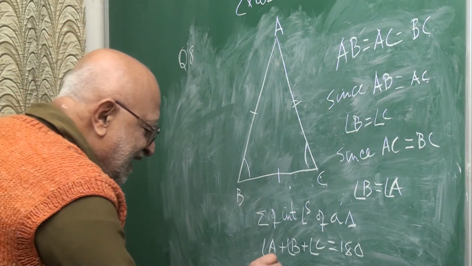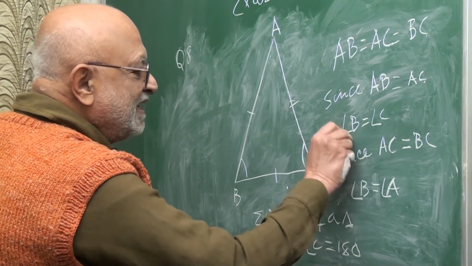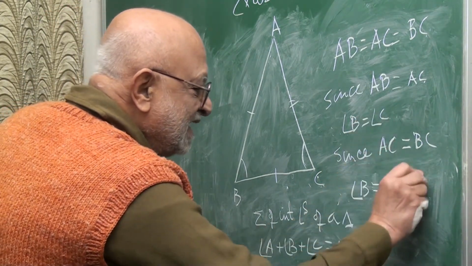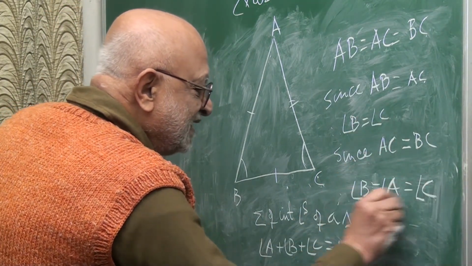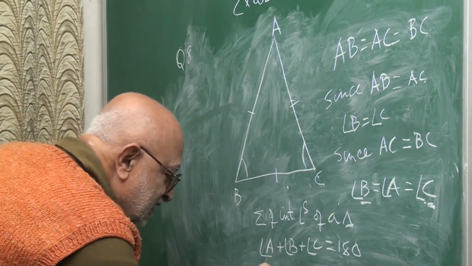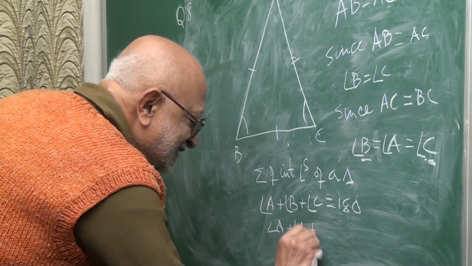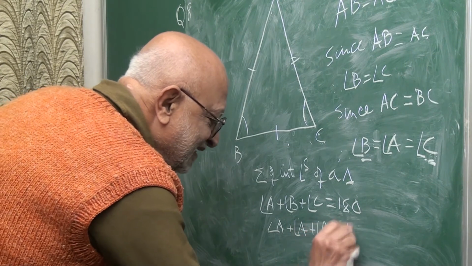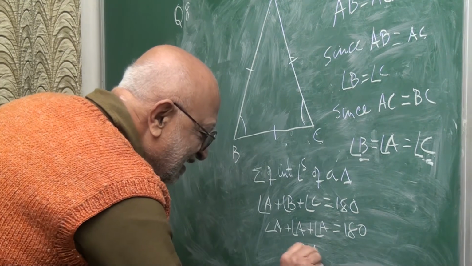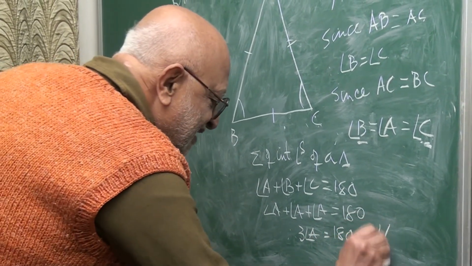Angle A is equal to angle B equal to angle C, so we can write all these as equal. So I can write angle A plus angle A plus angle A is equal to 180. Therefore 3 angle A is equal to 180. Therefore angle A is equal to 60.